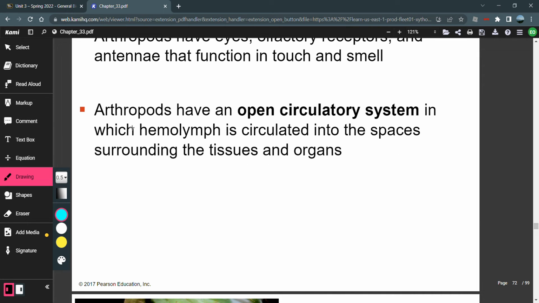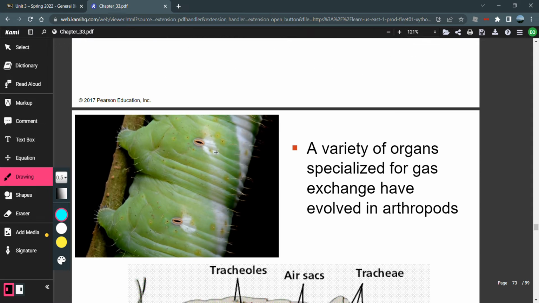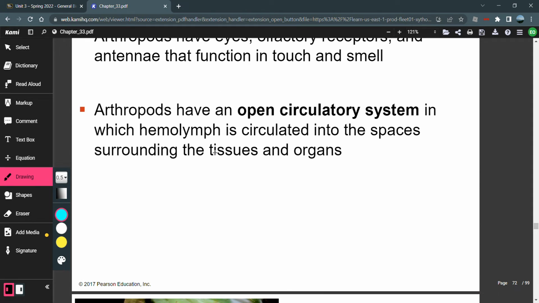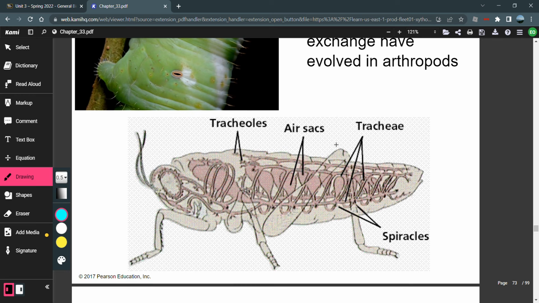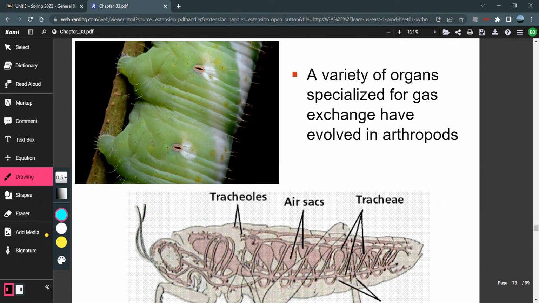They have an open circulatory system, which means that their whole body, their organs, are surrounded by their blood. There are no blood vessels. They have a variety of organs that specialize in gas exchange. So they have tracheae, which are little holes right here.